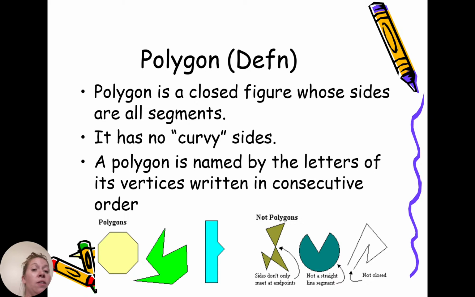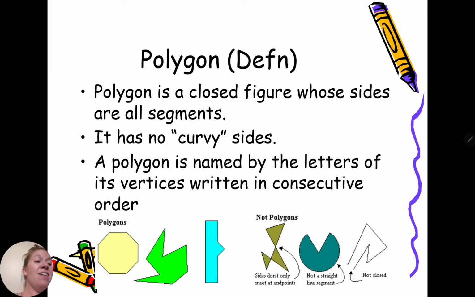A polygon would be something like this shape here, which is a 1, 2, 3, 4, 5, 6, 7, 8-sided shape, which is an octagon. Those of you who can drive, that's a stop sign. Then we have another closed polygon over here and another irregular closed polygon over here.